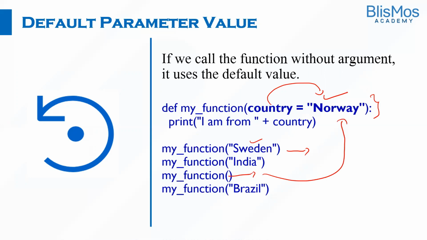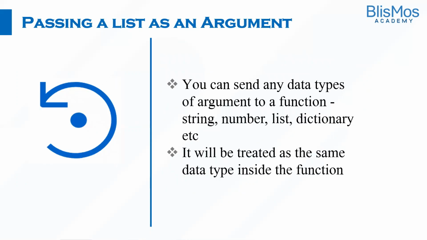This is the default parameter value. Also, you can pass a string, a number, a list, or a dictionary as a parameter to the function. It will be treated as the same data type inside the function. So there is no different treatment for the different types of data.